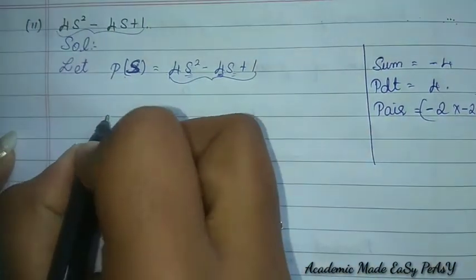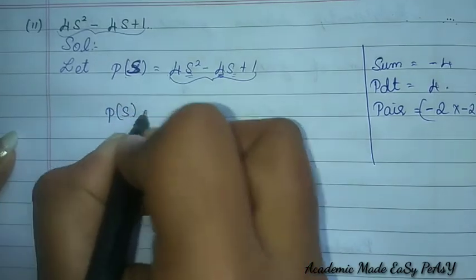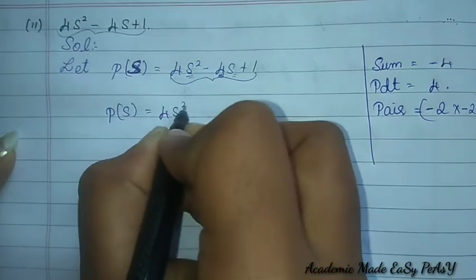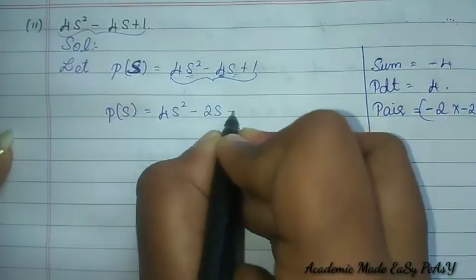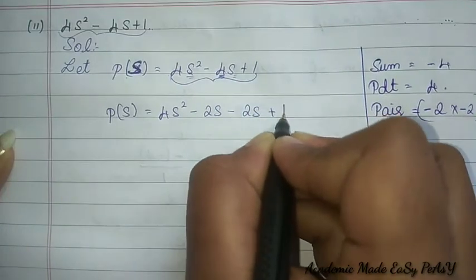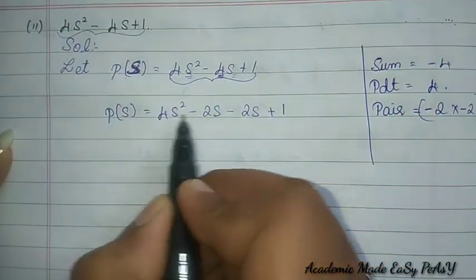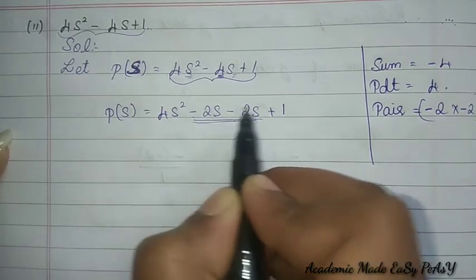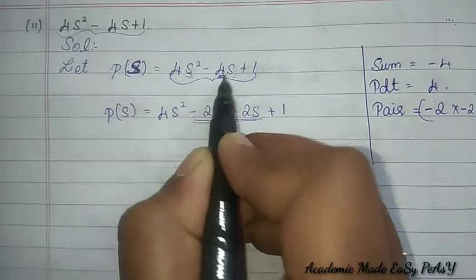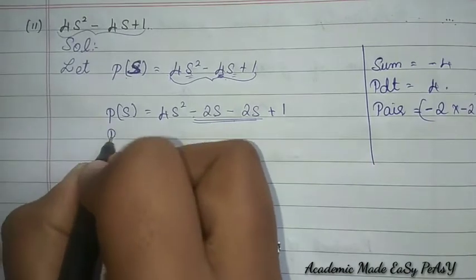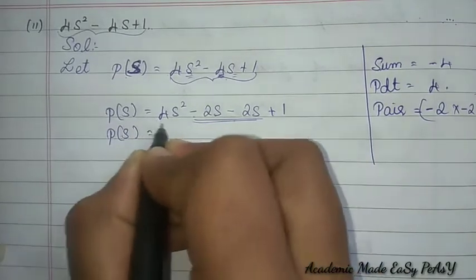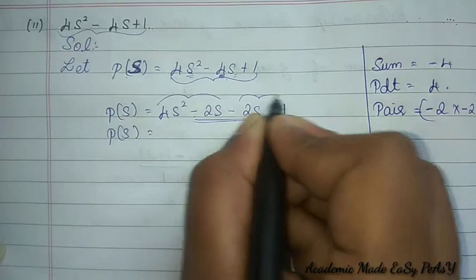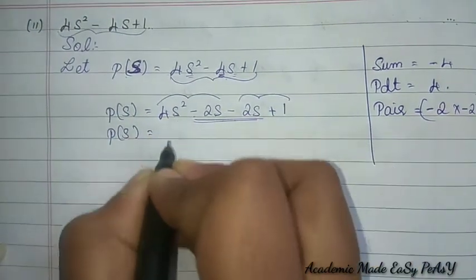So I will take that p of s is equal to 4s square minus 2s minus 2s plus 1. So if I take the subtraction over here, I will add this, same sign, add and put the common sign, I will get this previous step. So p of s is equal to, I will be pairing these two. So I will take 2s common out.